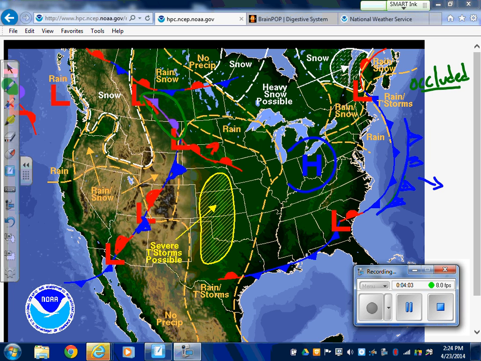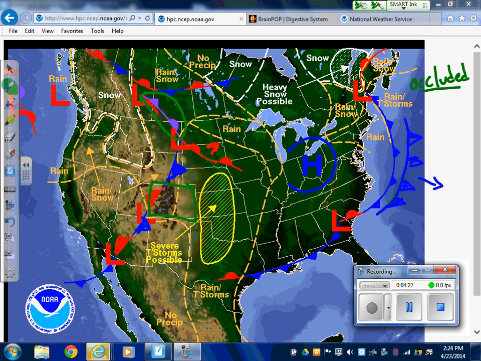So we're going to go over each of these in a little bit more detail, but those are kind of the fronts. So Colorado, what type of weather do we have now and might we be getting? Warm. Is the weather going to be stable or changing? Changing. Why?